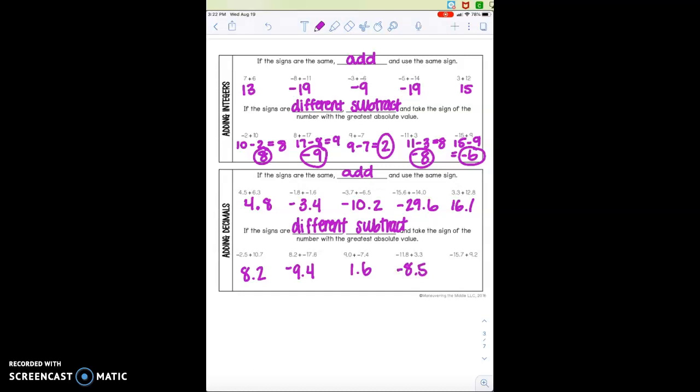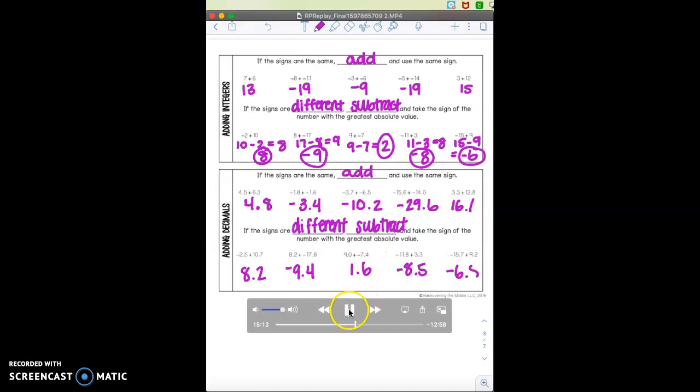So my answer is going to be negative. I want you to work out the rest of the problems. I know the answers are on here, that's my bad, but just work through that, okay?